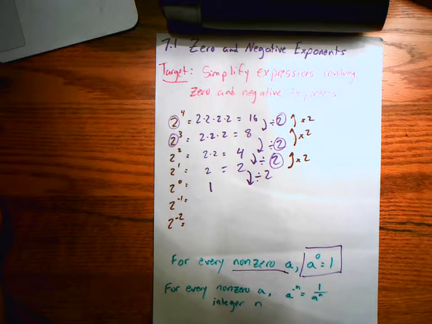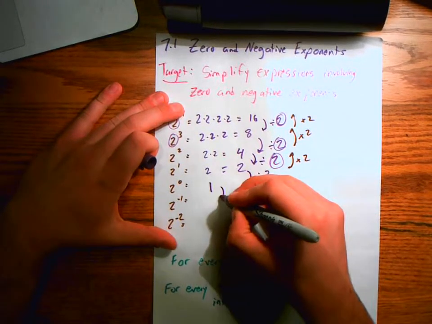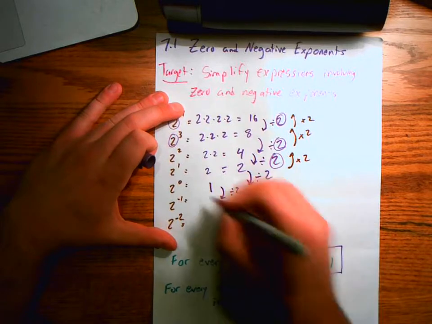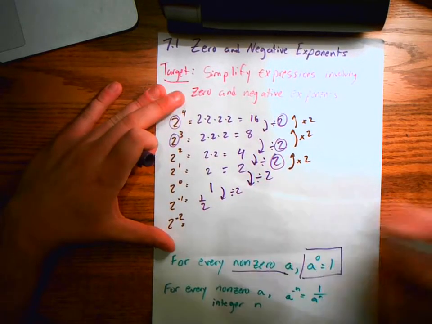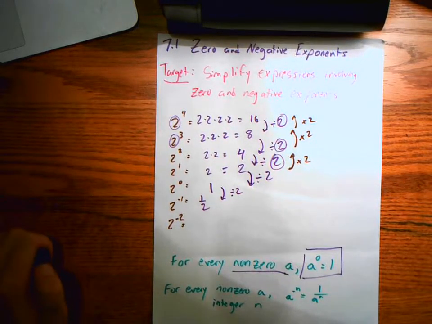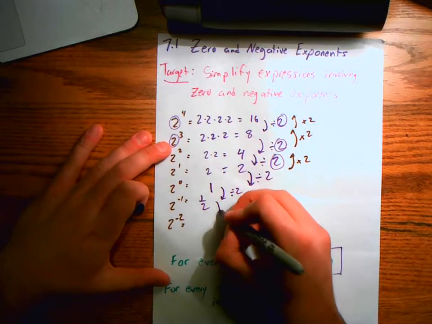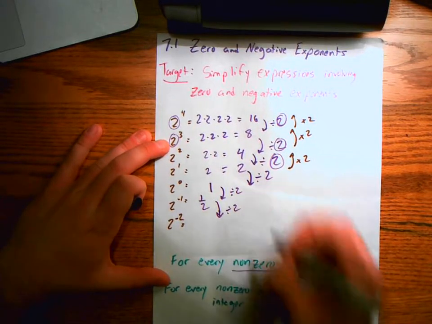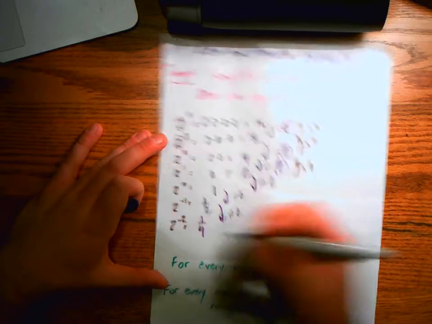Whether it's 100 or negative 2, that number raised to an exponent of 0 is going to equal 1. If you keep continuing the pattern, 1 divided by 2 is going to be the fraction 1/2. Continuing the pattern again, 1/2 divided by 2 gives me 1/4.